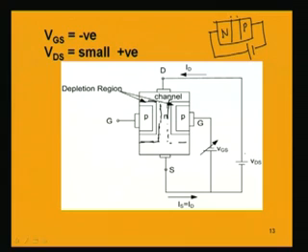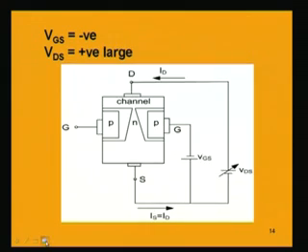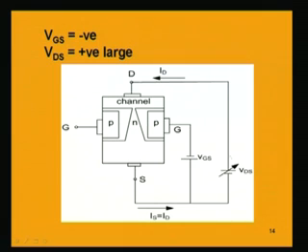Now, what will happen if we keep the gate to source voltage constant and vary the drain to source voltage? Next, let us discuss that situation when we have a constant negative gate to source voltage, but the drain to source voltage is now varied. The drain to source voltage has the polarity as shown here, this is positive, this is negative, that means the drain is at a positive potential with respect to the source.